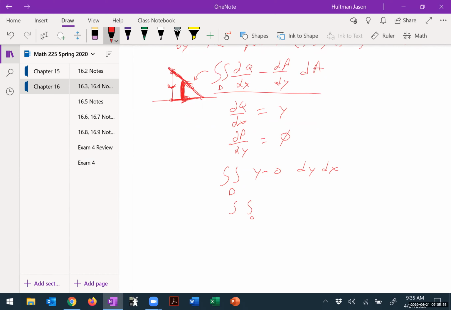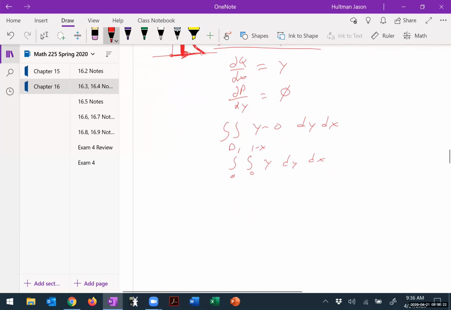What is this line? Isn't that a slope of negative 1 with a y-intercept of 1? So wouldn't that be y equals 1 minus x? And then my x values go from 0 to 1. So 0 to 1 of y dy dx.